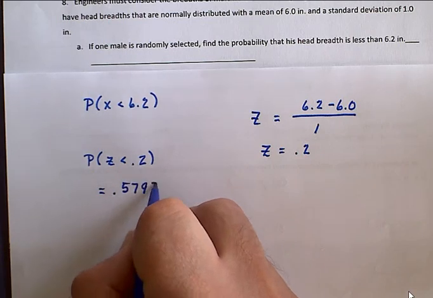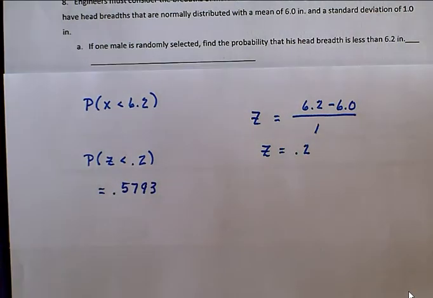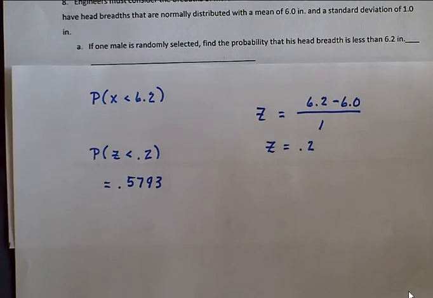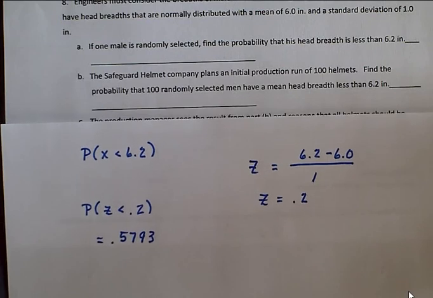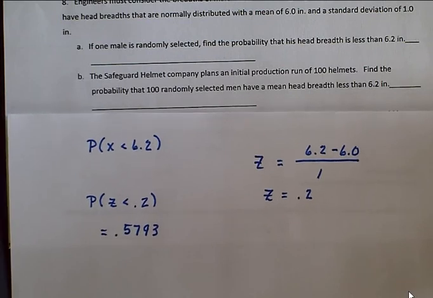Now from there, I want to do it again. That's if one male is randomly selected. But this time we're going to do a safety check on a run of 100 helmets, and we need to see how the probability is affected by that change.